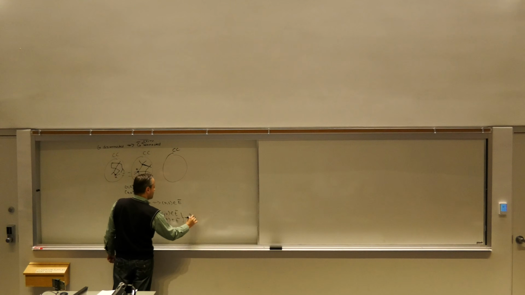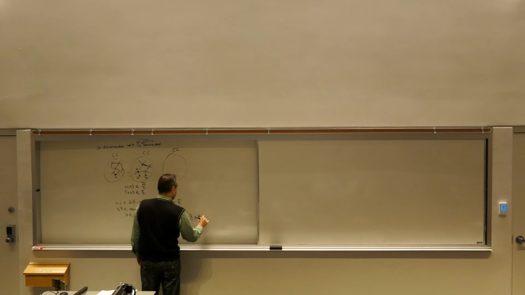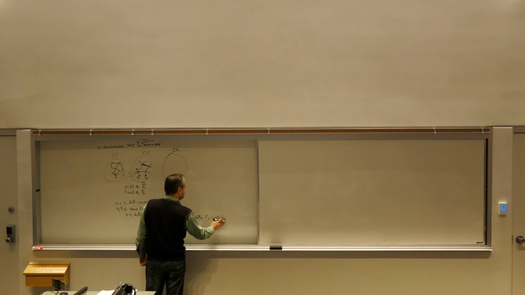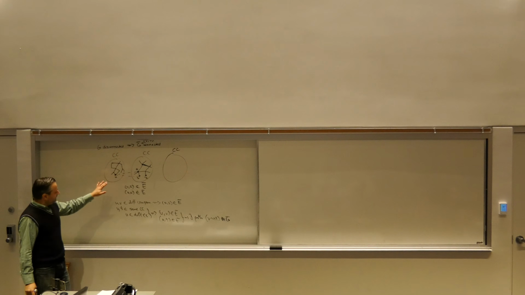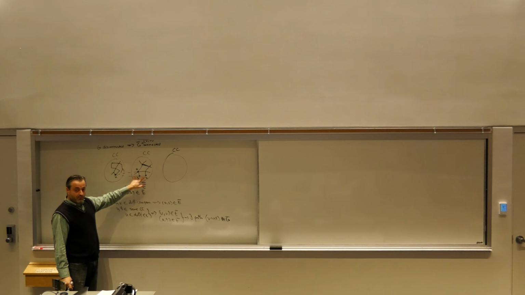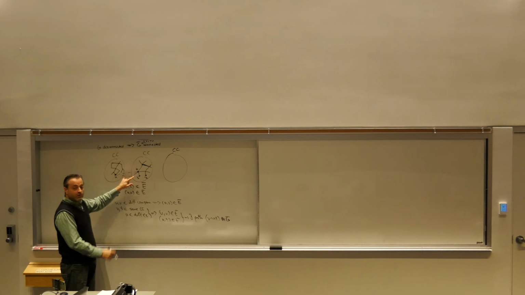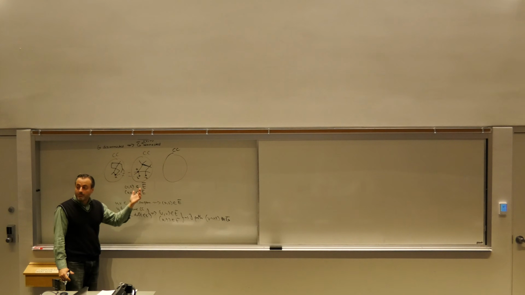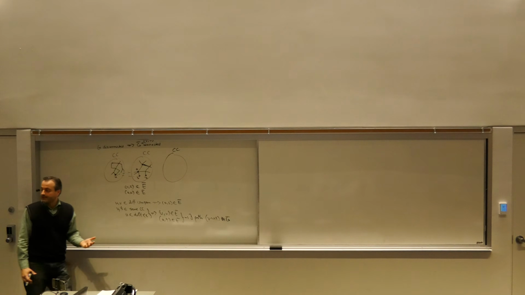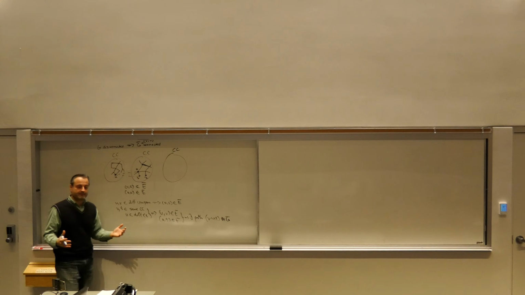Therefore, there is a path from V to T in G bar, in G complement. So you can see that if two vertices are in the same component, there's a path. If they're in different components, there's a direct edge. Therefore, the complement must be all connected because every two vertices are connected.